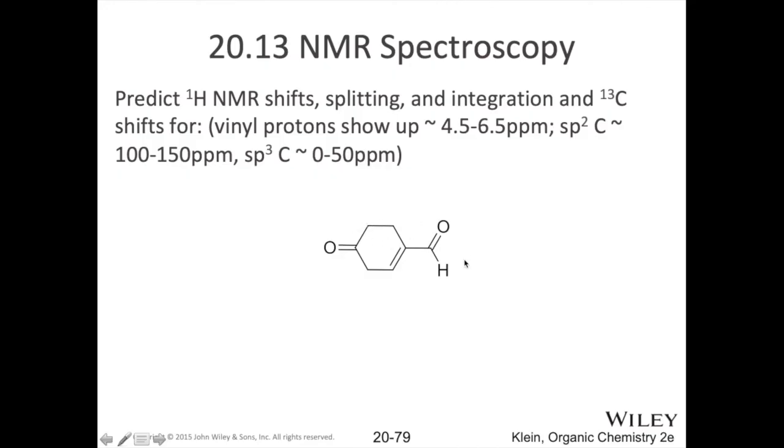Okay, and then with your carbon 13 NMR, all of the sp2 carbons show up in that 100 to 150 range, and your sp3 hybridized carbons show up in the 0 to 50 range. Let's talk about the splitting, right?